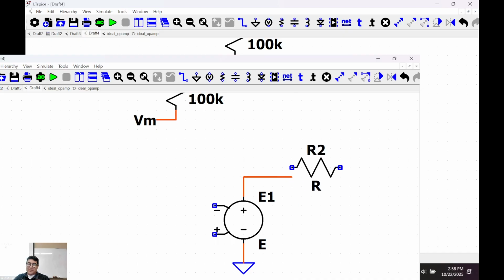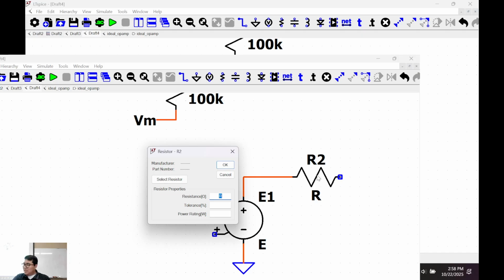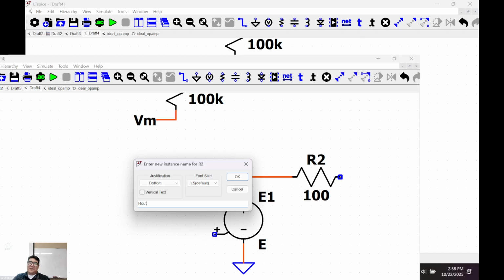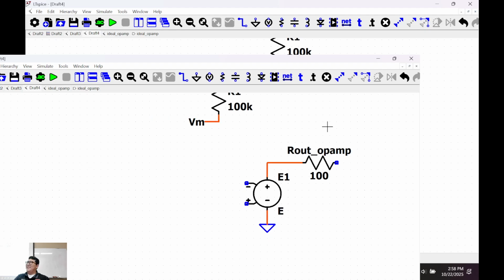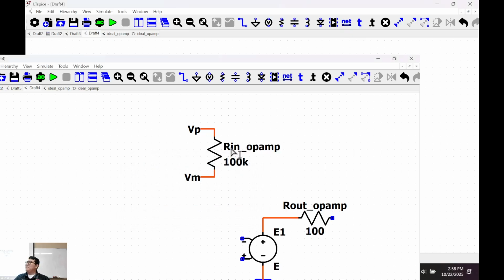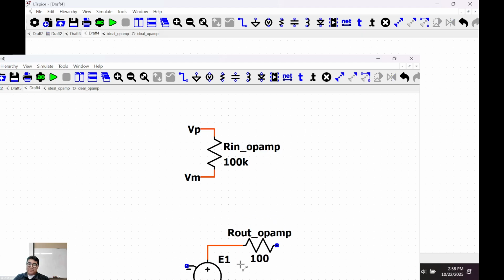Then here's my resistor, 100, right? Let's call this one R out op amp. Does that bother anybody? I'm gonna call this one R in op amp, right? That's the resistors of the op amp, correct? Okay, and it's being controlled by this.